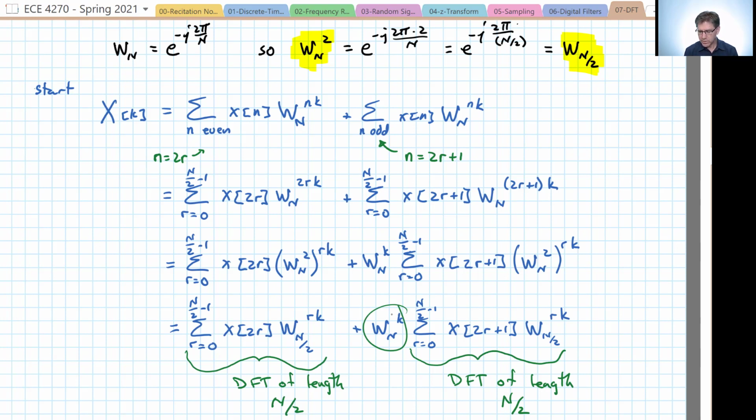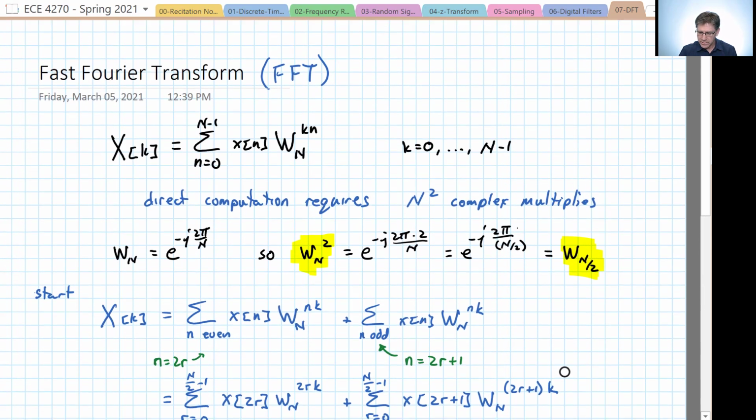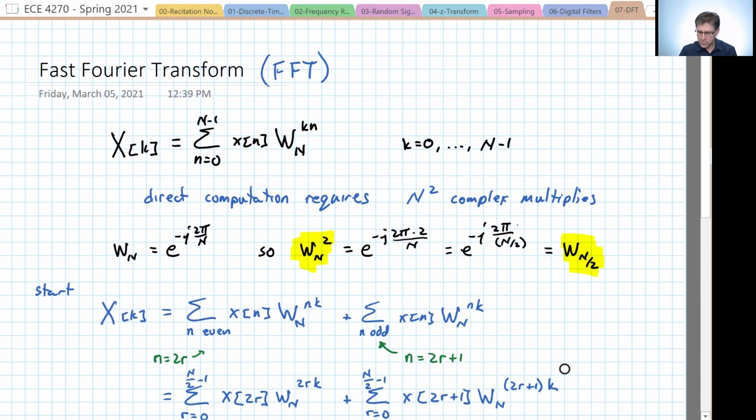So, if we were to calculate the entirety, as in for all k, the FFT or the DFT of length n over 2, it's going to take us n over 2 multiplies.